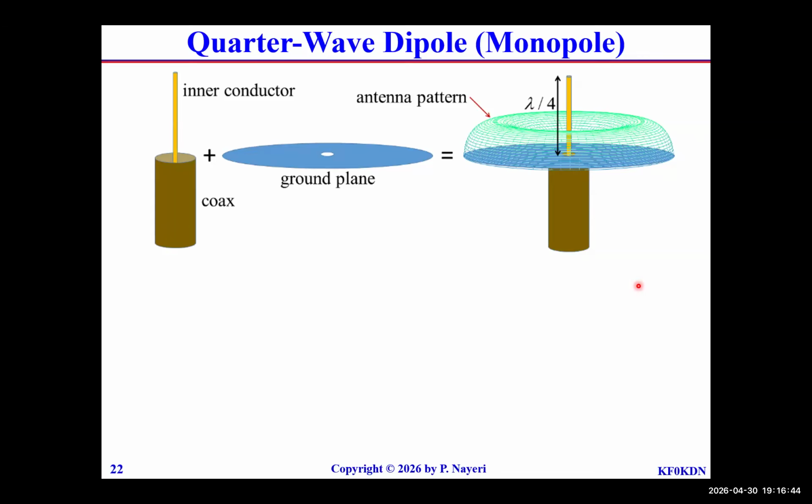If that's the case, you're going to get a huge reflection due to the mismatch between your antenna and, of course, your feed setup. There are ways to fix that, but at the end of the day, the current distribution is also not going to be great. In the case of a dipole antenna, the current distribution on the antenna is going to look something like this.